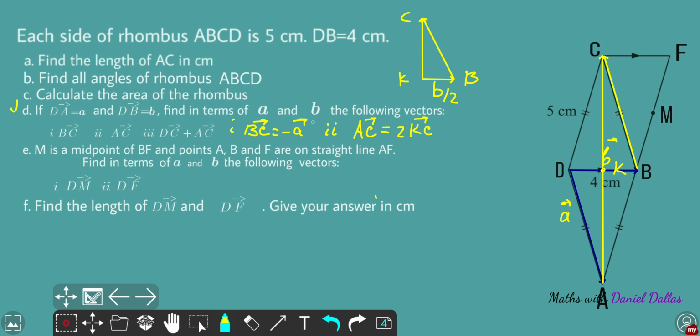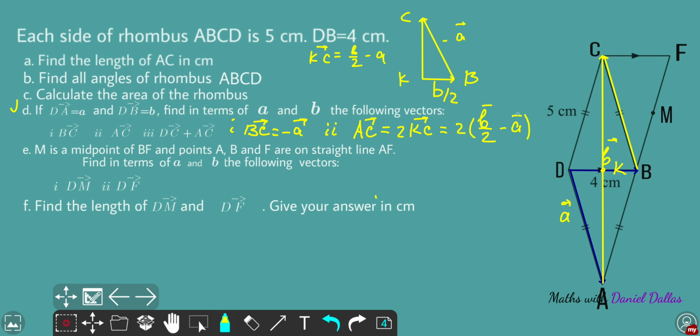Next, BC we recently found is negative A. So to find KC, we simply need to add B over 2 and negative A. So KC as a vector is going to be equal to B over 2 minus A. So if we double that, we'll get 2 times (B over 2 minus A).